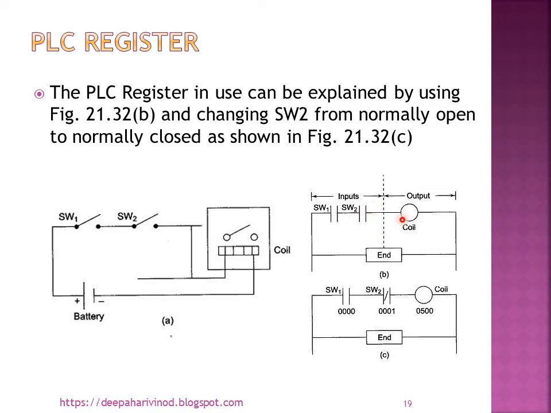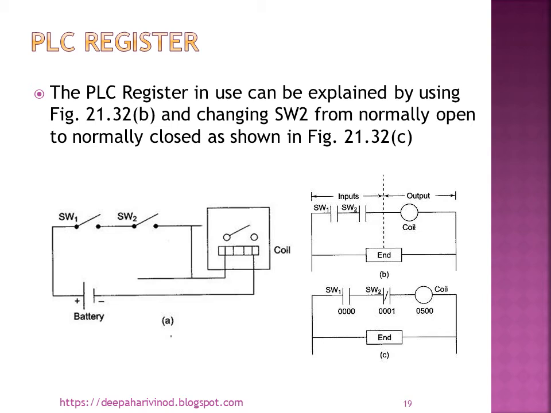Here we have the input and output. In this, the two inputs, switch SW1 and SW2, are both considered as inputs, and the coil is considered as the output.